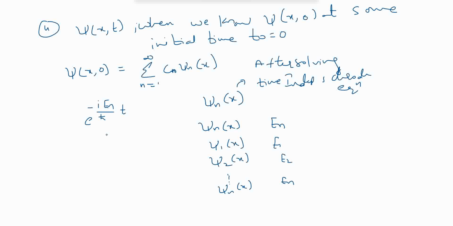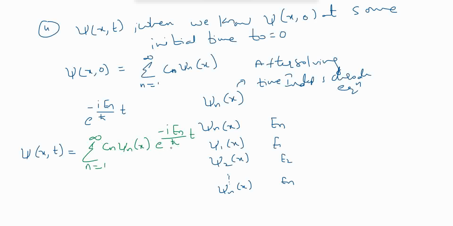So the time dependent characteristic is e to the power minus i En by h cross times t. Now, when we tack on this term, we get psi of x comma t equal to the sum over n equal to 1 to infinity of cn psi n of x e to the power minus i En by h cross times t.